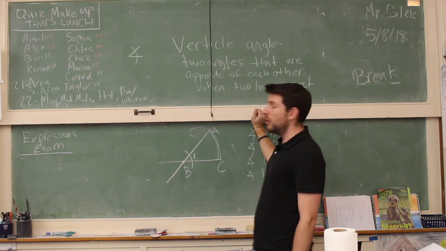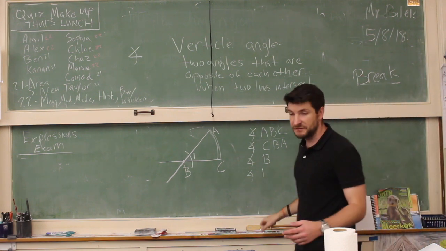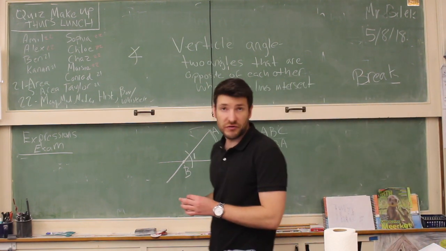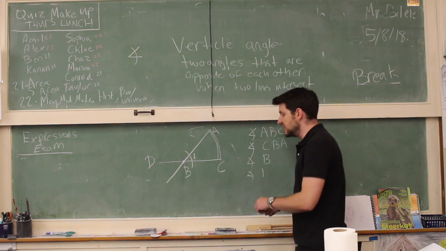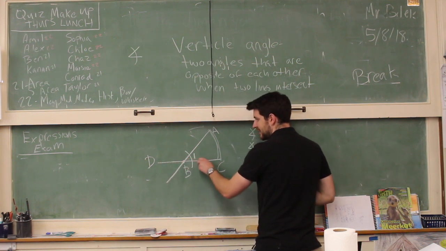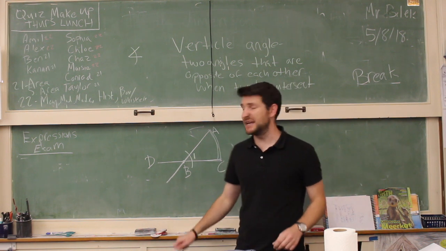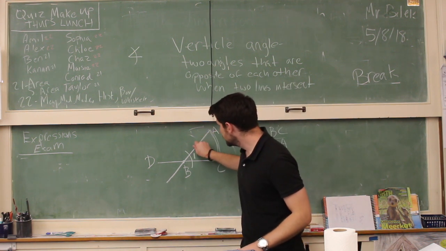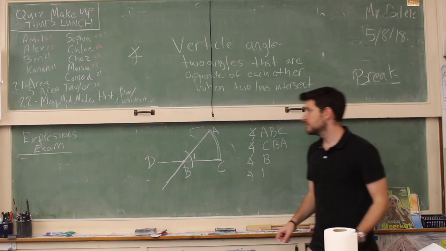So in our example, we have 2 lines. I'm going to put a D over here to help us make some sense of it. So we have line DC, and we have line, I'm just going to call this line A. And line A goes through this B and it keeps going.